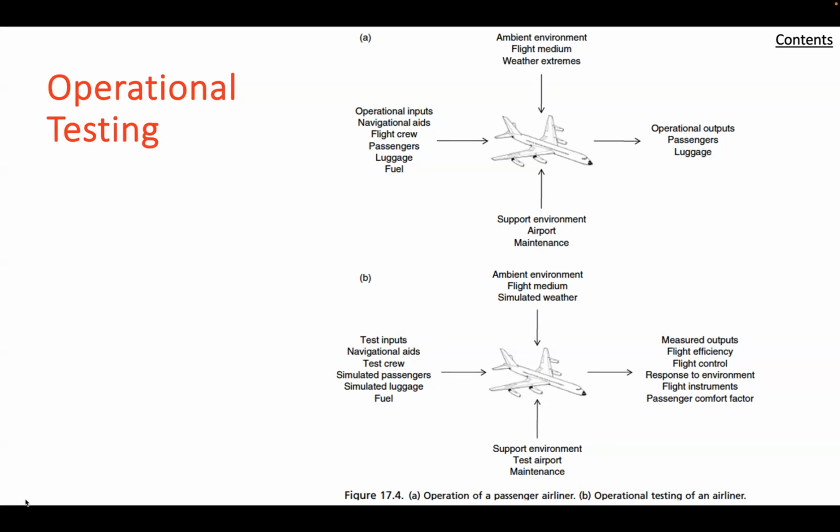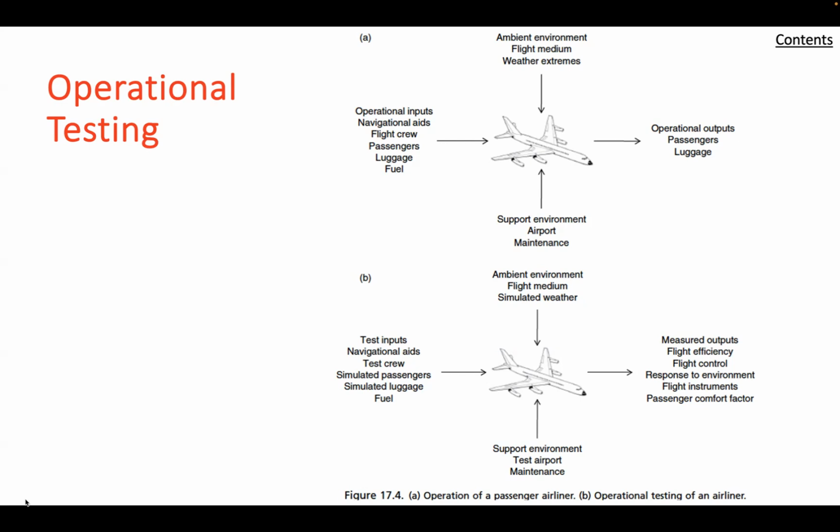Numerous secondary but important functions, such as those related to the comfort of the passengers, that must also be considered, are omitted from the figure for the sake of clarity. The operational flight environment includes the flight medium with its variation in pressure, temperature, wind velocity, and weather extremes, which the system must be designed to withstand with minimum effects on the primary functions.